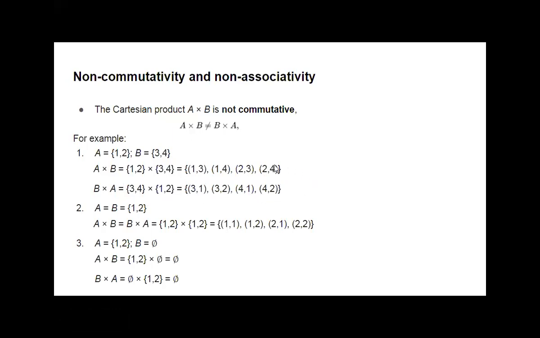These two sets, the Cartesian product of A and B and the Cartesian product of B and A, are not the same. So we can say that the Cartesian product A cross B is not commutative. These are ordered pairs, so we cannot change the order. 1, 3 is there, and here the first element is 3, 1. See from the cursor.